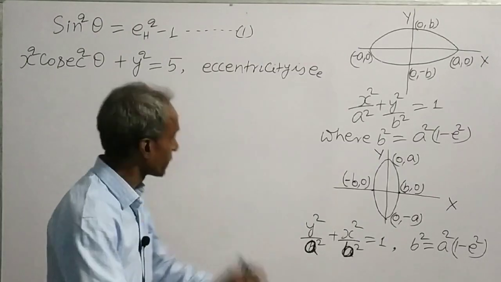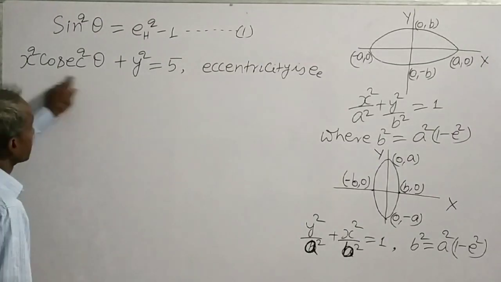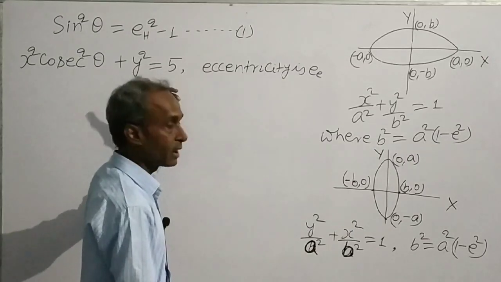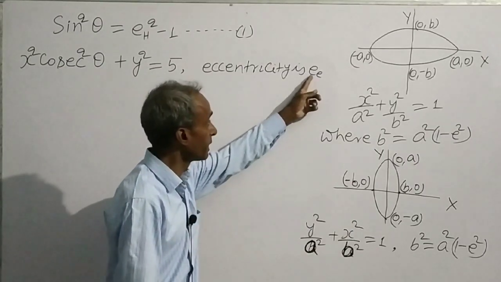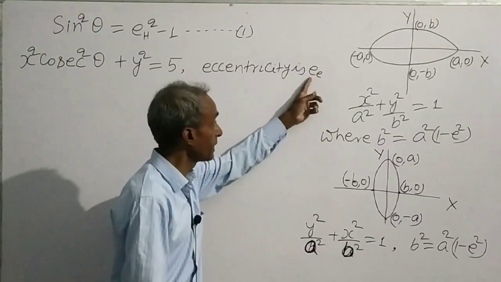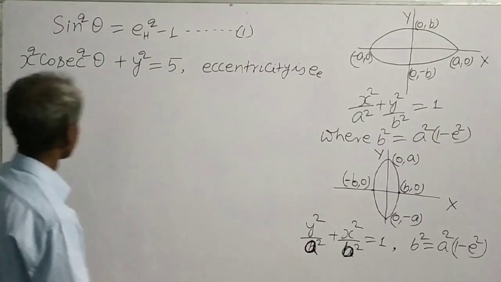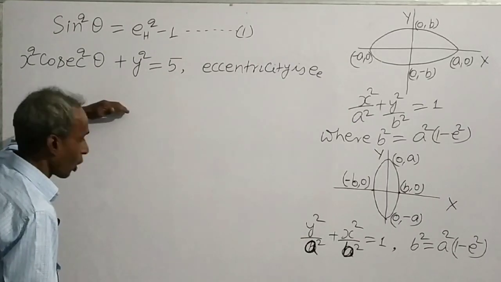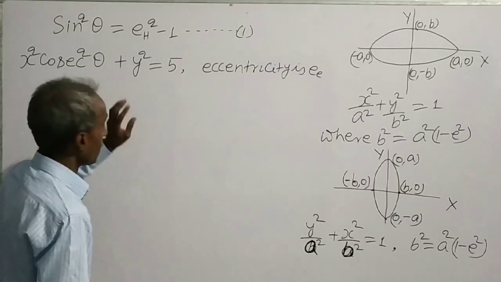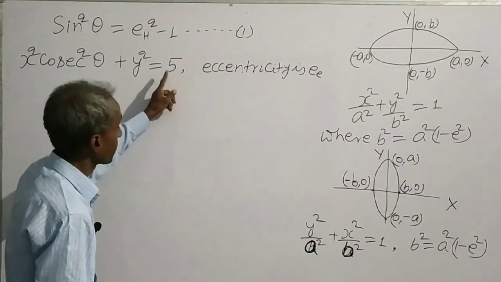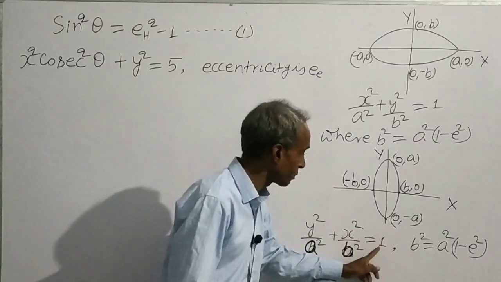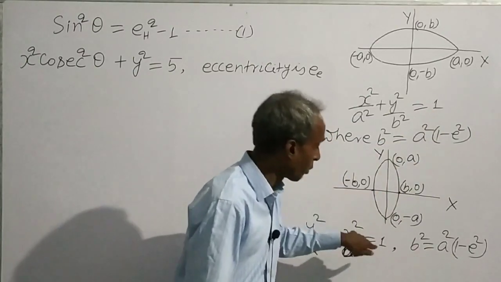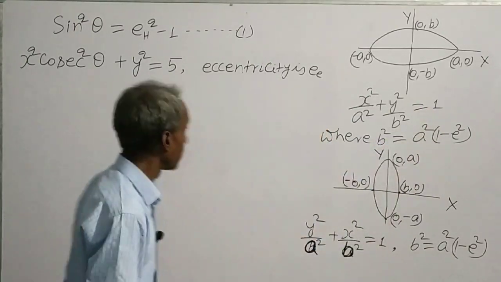In the question, given ellipse is this, and it is also given that eccentricity of this ellipse is EE. We change its form and try to bring 1 on the right hand side, because in both these equations we observe that right hand side is 1.